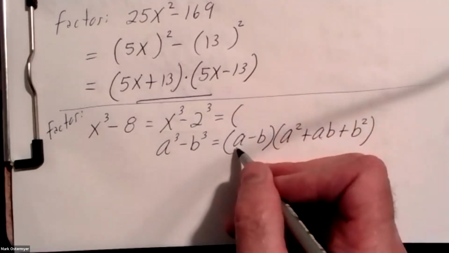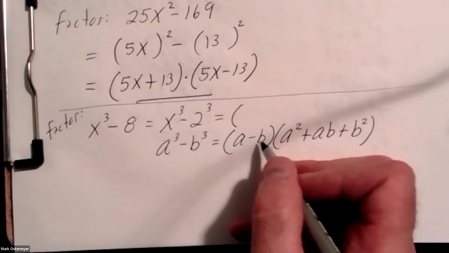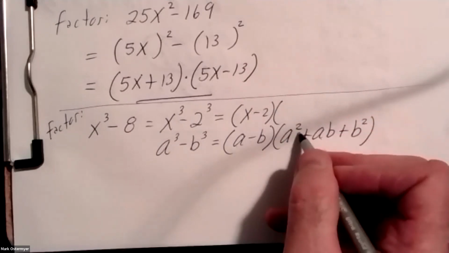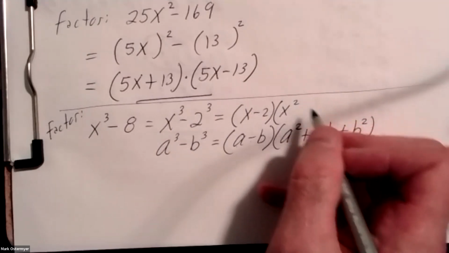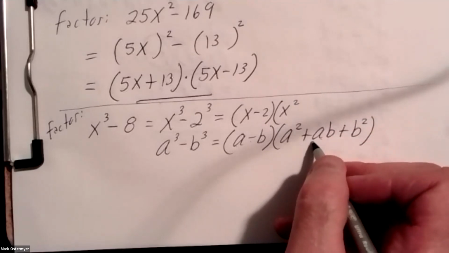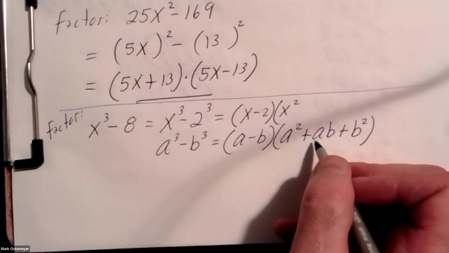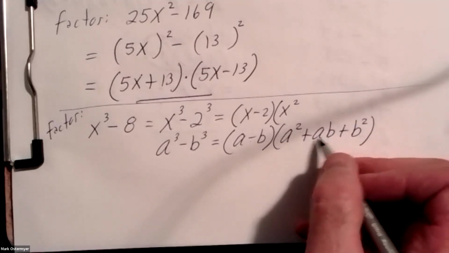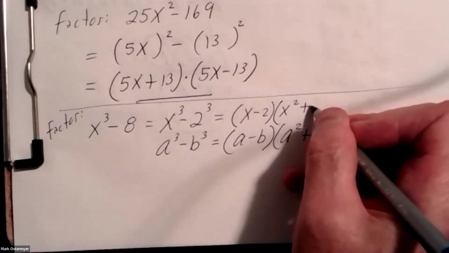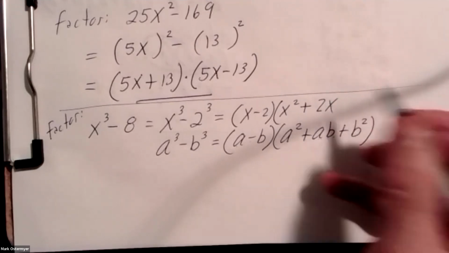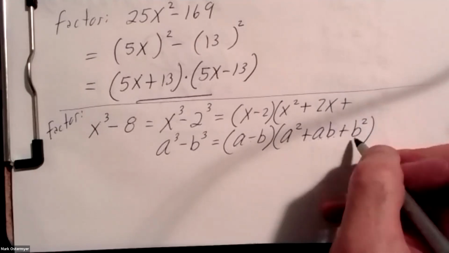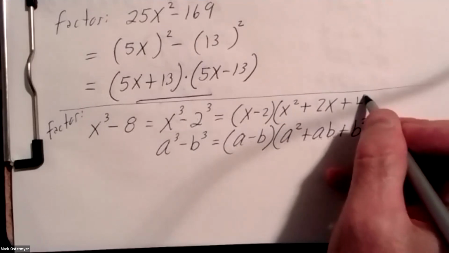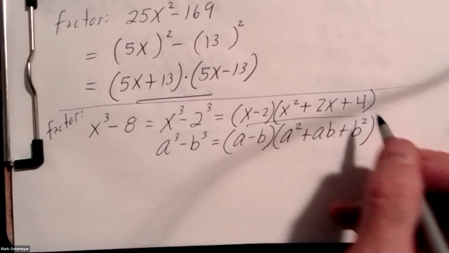So this factors into X minus 2 times X squared plus 2X plus 2 squared. What's 2 squared at the end? Our B is 2, so 2 squared is 4. And that's factored.